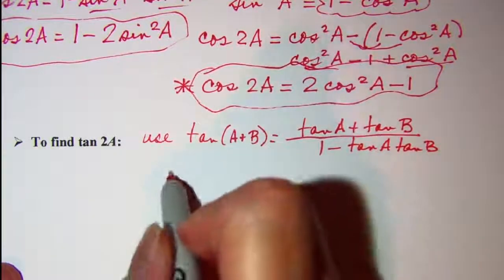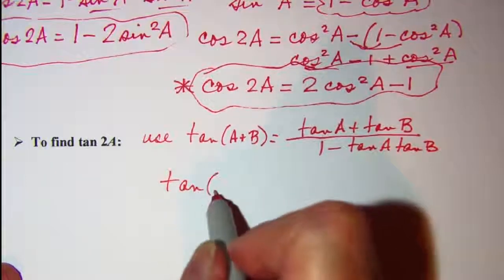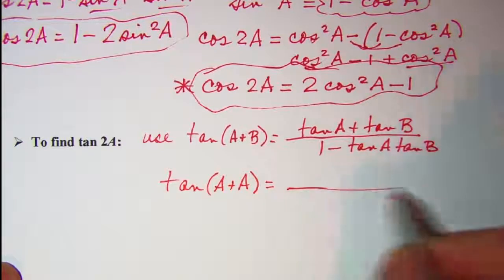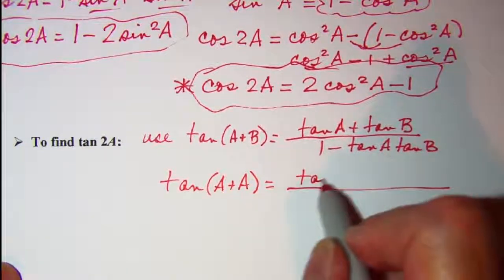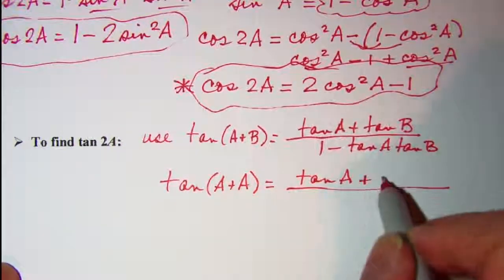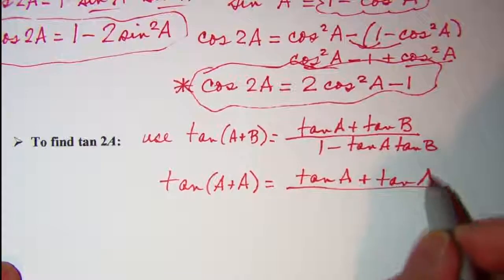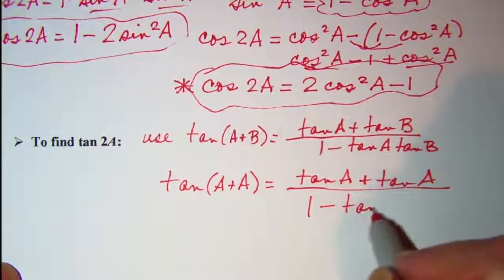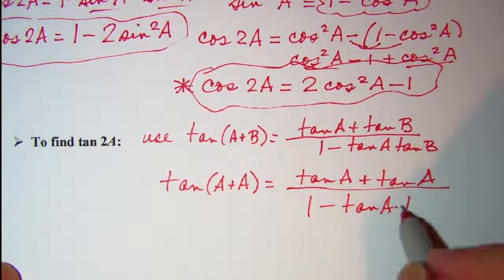So now if I have tangent a plus a, I get tangent a plus tangent a over 1 minus tangent a times tangent a.